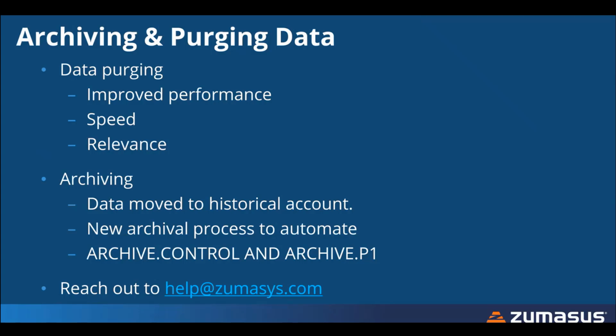In the newer versions of Rover, we've made this automated, and we now include a few programs like archive.control and archive.p1. It gives system admins the power to automate the archiving seamlessly without having to be involved in the process.